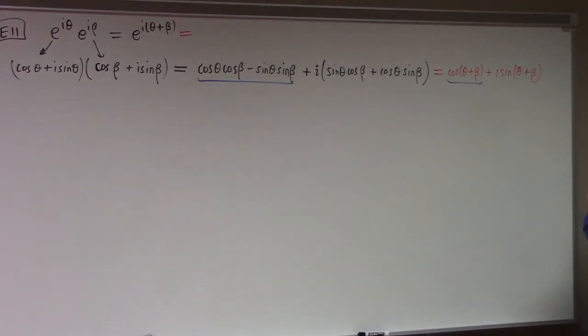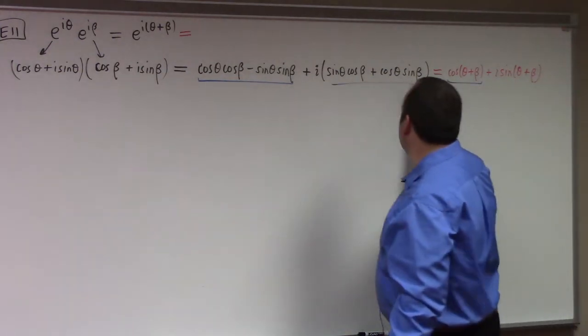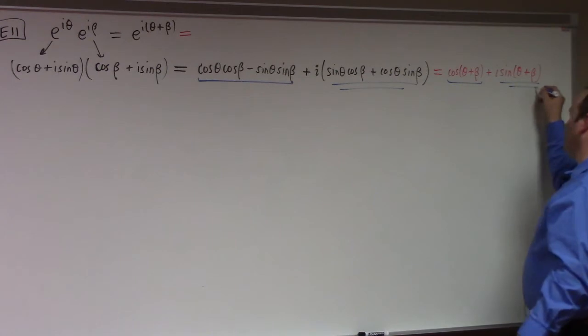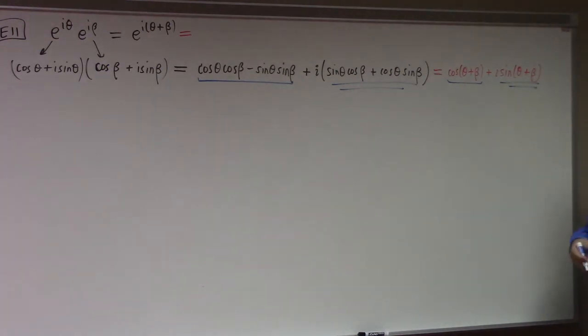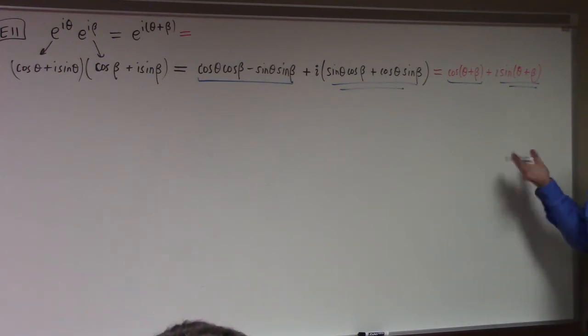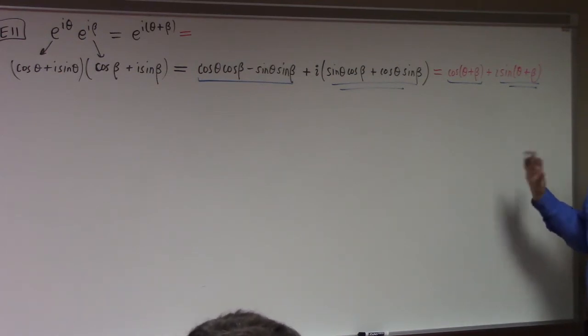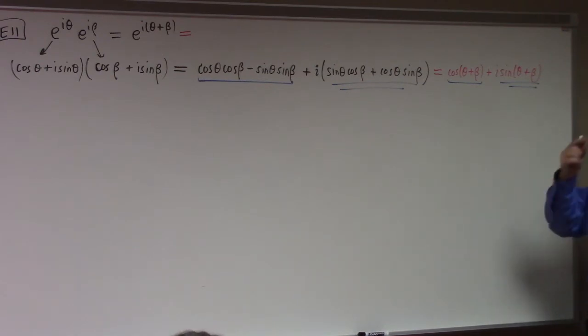That's the adding angles formula for cosine, right? And on the flip side, this imaginary part has to match that imaginary part. So we have sine of theta plus beta is sine theta cosine beta plus cosine theta sine beta. Now, I'm not suggesting that you have to do this every time, but for me, working this out a few times just cemented in my mind the adding angles formulas for sine and cosine.